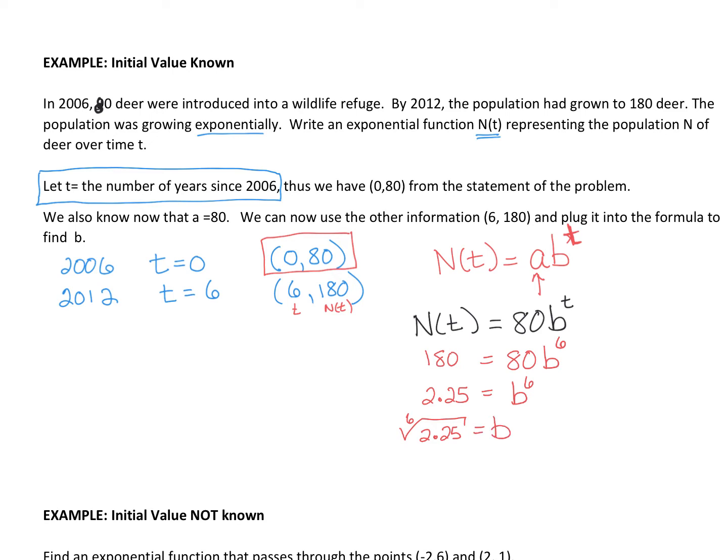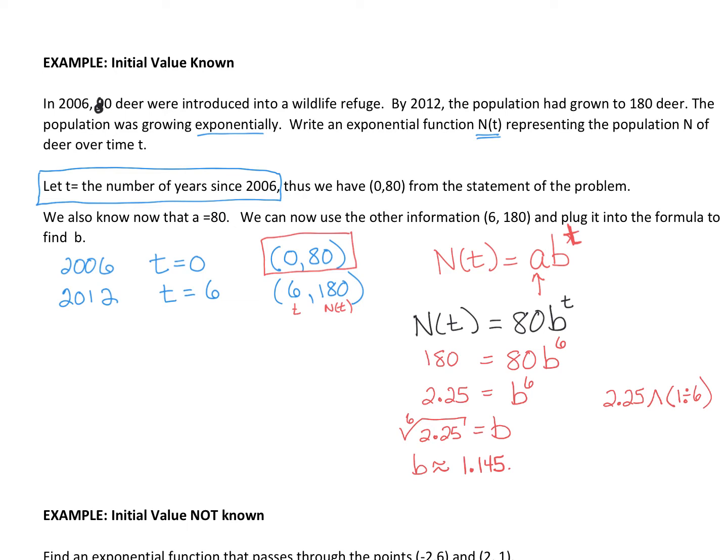If you're going to do this in your calculator and get an approximate, you can do 2.25 raised to the 1 divided by 6. The approximate value would be 1.145. Of course, if we can, we usually like things to be exact.